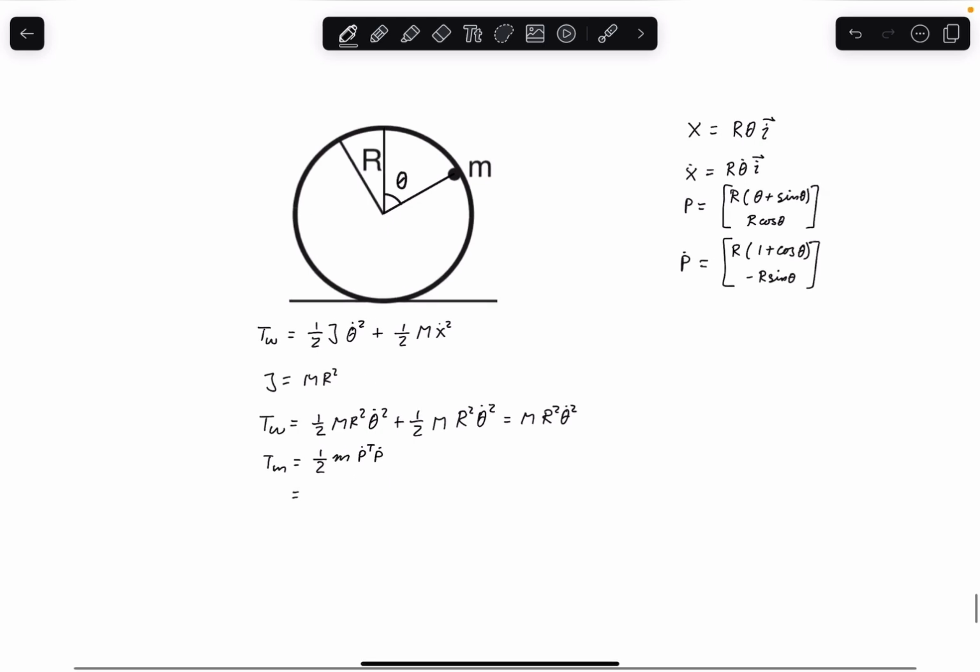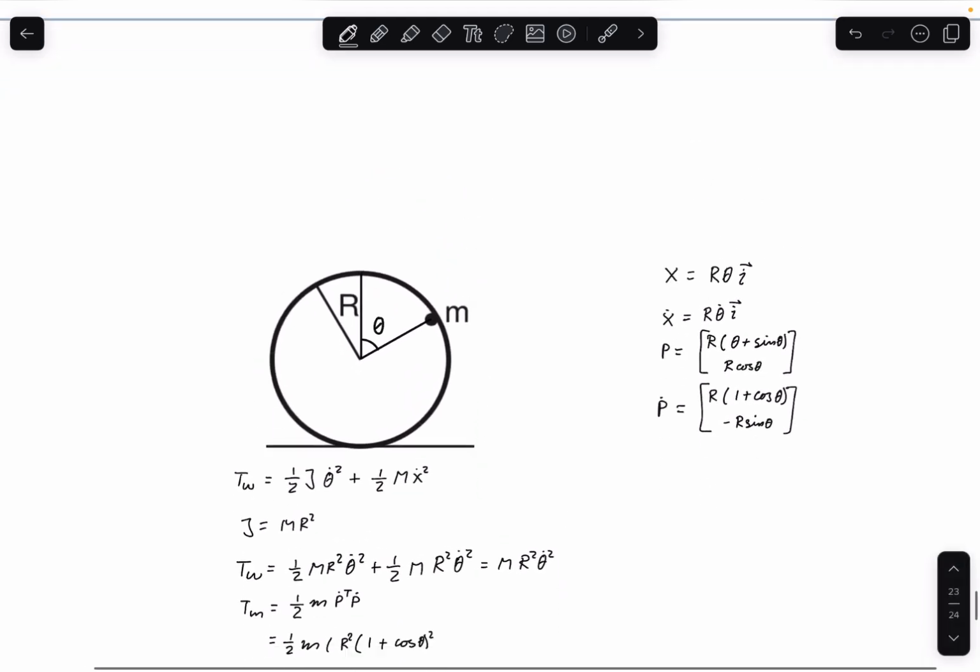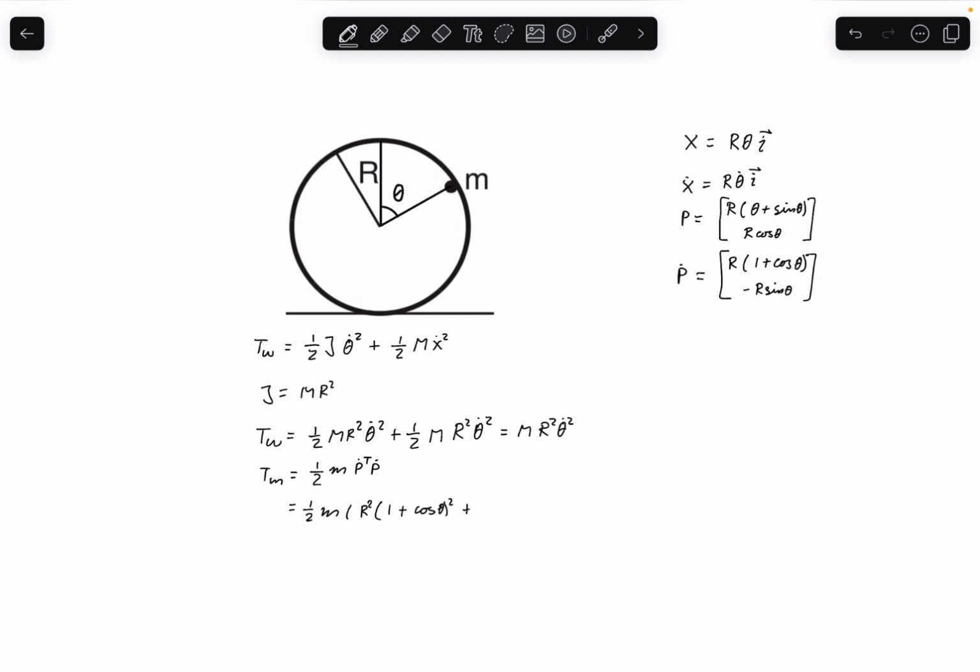So this should be equal to 1/2 multiplied by the mass, and then this part here is just this part squared plus this part squared. So we can first do the first part. So it's r squared multiplied by 1 plus cos theta, squared as well, and then we have plus r squared sine squared theta.